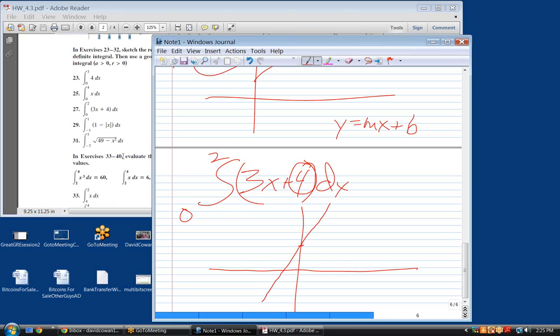And they want the integral between 0 and 2. So we'll call this point 2, and they want the area of that figure. And they want us to solve it by geometry.